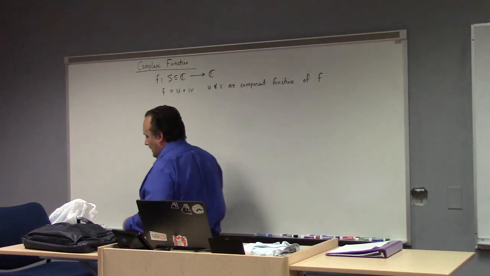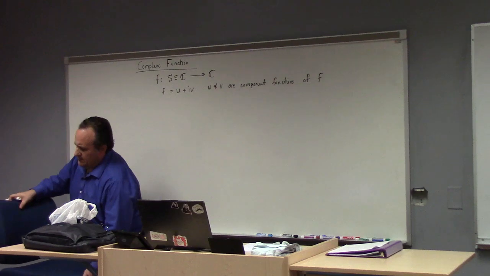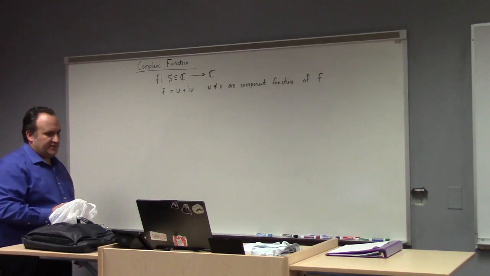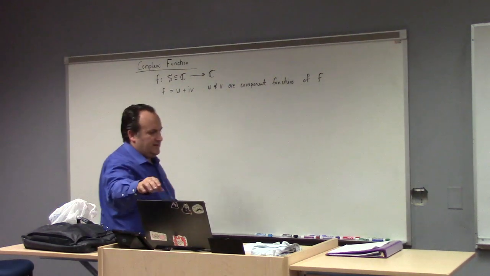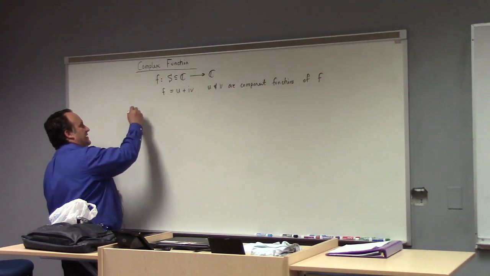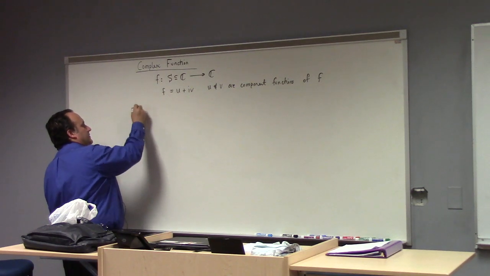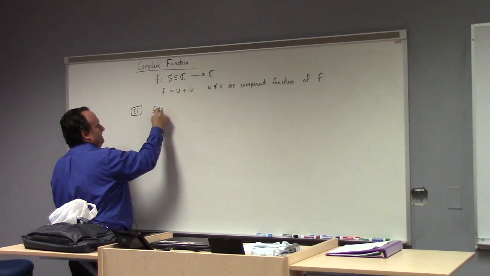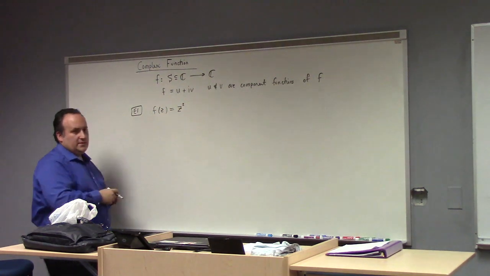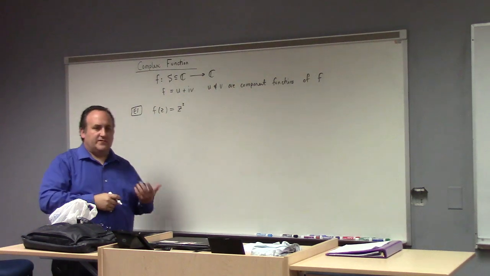All right. Now, when we do pre-calculus, we learn a lot about functions by their graphs, right? And we just can't do that here. Like, for example, if we look at f of z equals z squared, and we try to visualize that.